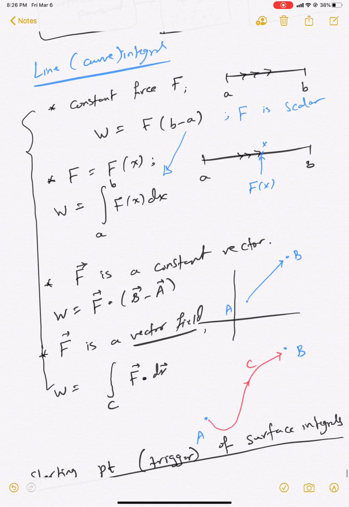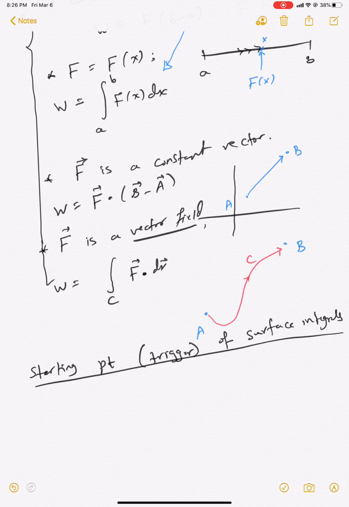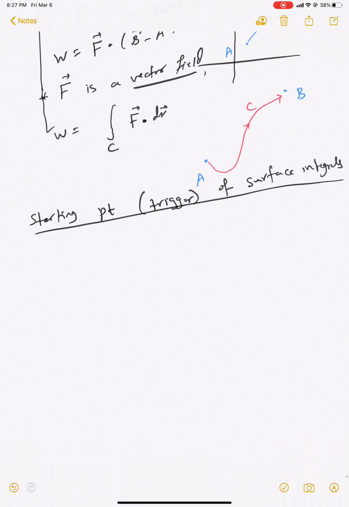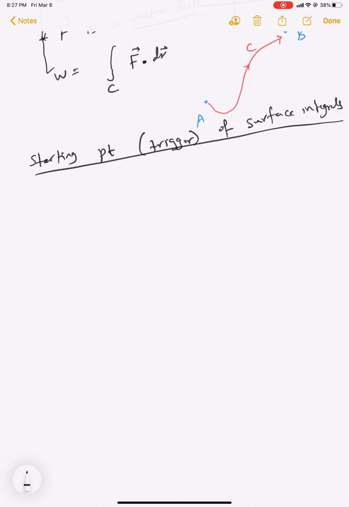If you have a function, then you have a formula. If you have a vector constant, you have a formula. Then the question was, what about if you have a vector field? Then we had to find a formula for the work done by that vector field. So now what is the trigger behind the surface integral? The surface integral, it's all about the flux. It is all about the flux.